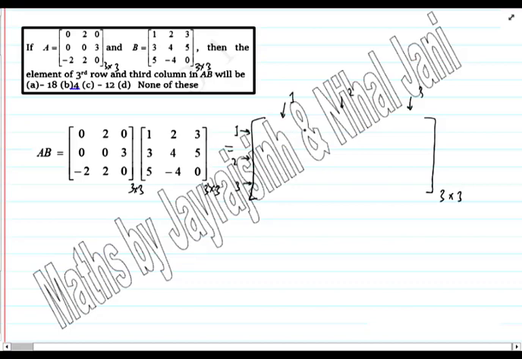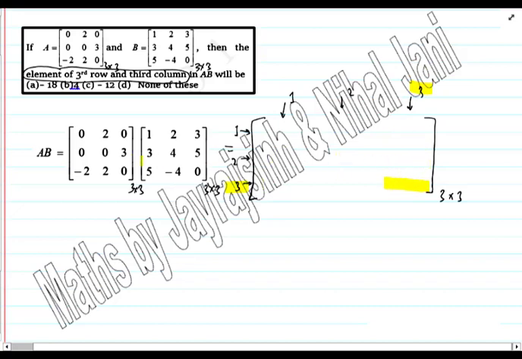That means it will have 3 rows and 3 columns. But we don't have to find the whole matrix. We just need the element of third row and third column.